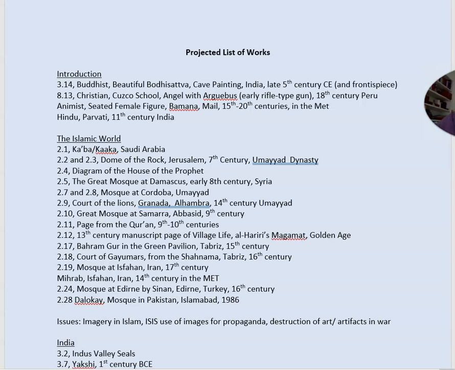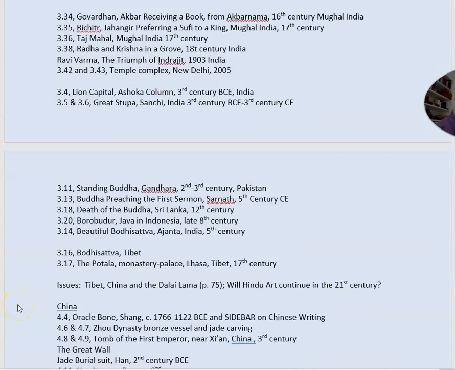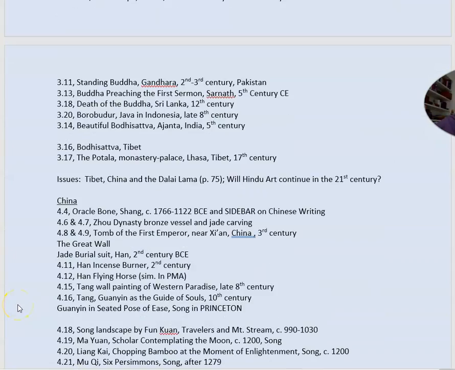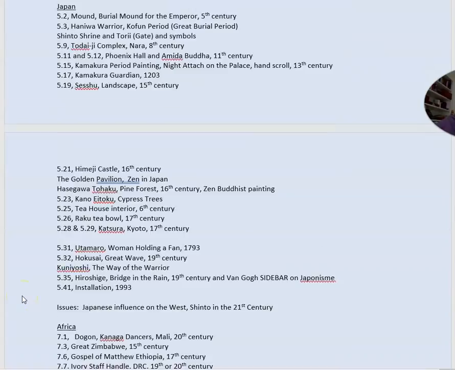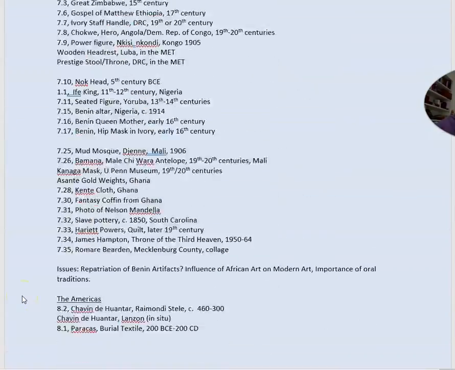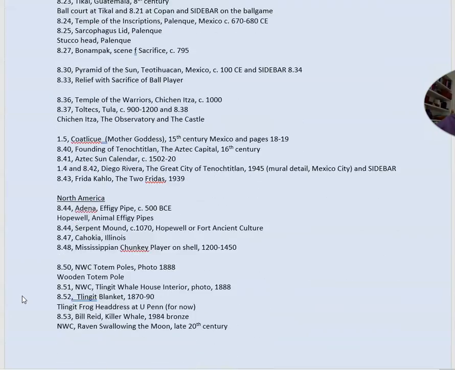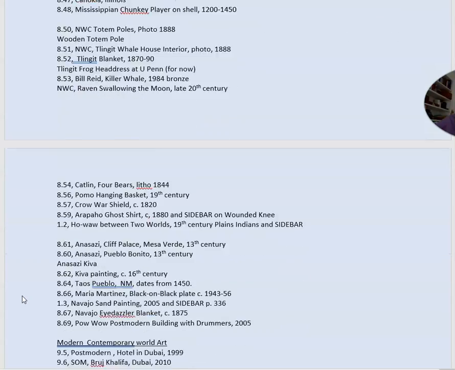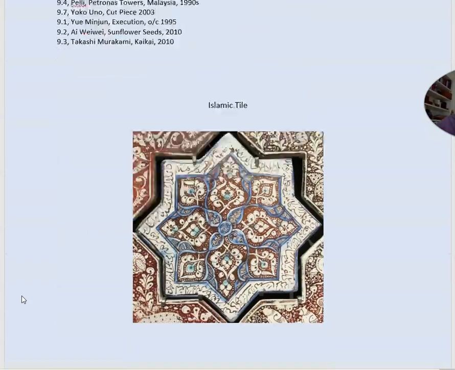And that is part of the reason I would like you to let me know what your interests are and if there's anything in particular that you have the strong feeling that you need to see in the course. As you can see, we are going to be covering all of the major cultural areas: India, China, Japan, Africa, and the Americas along the way to finishing our course. And that is going to include some modern works along the way.